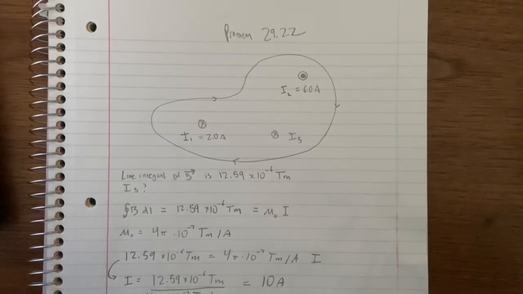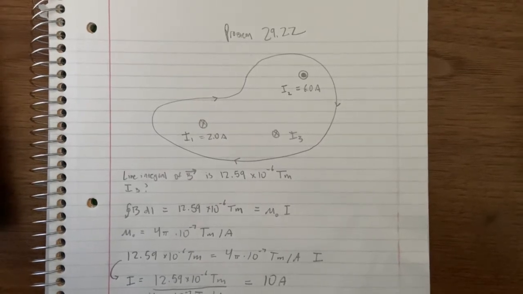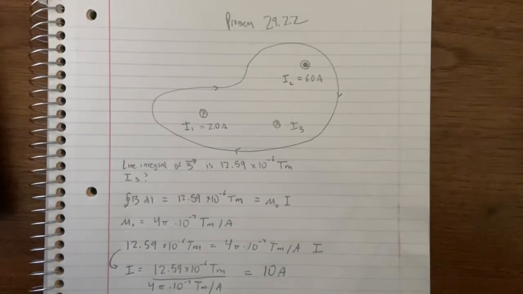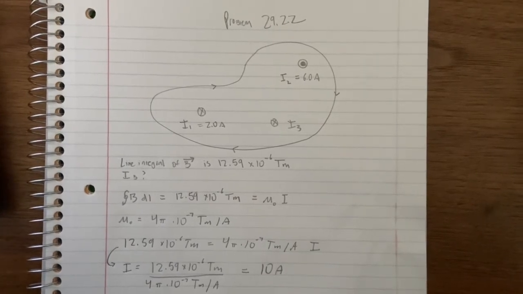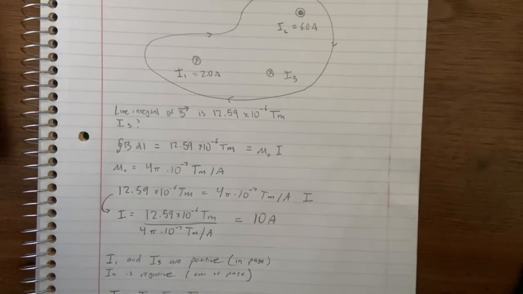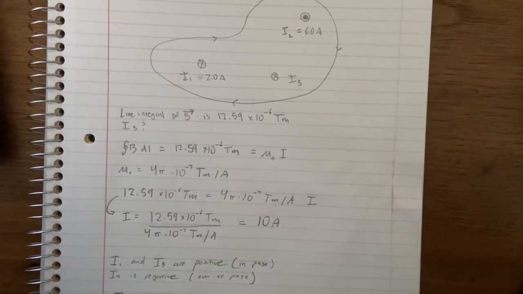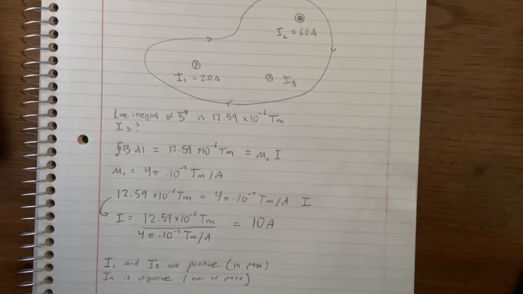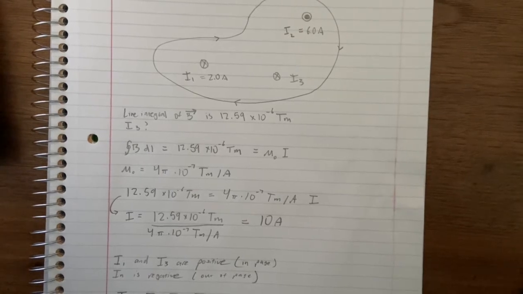Since mu naught is a constant, we know that value: 4 pi times 10 to the negative 7th milliteslas over amperes. This gives us a value for the total current.